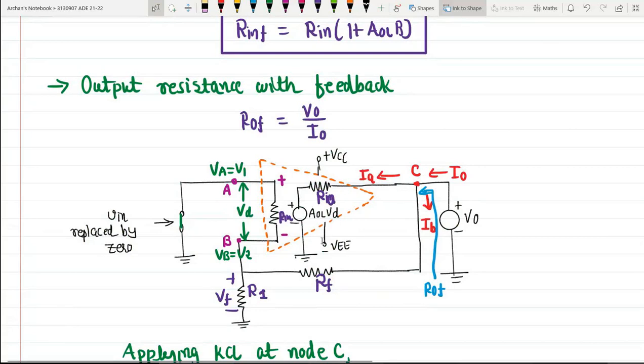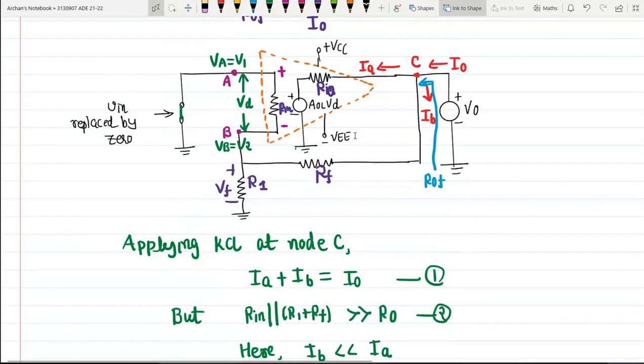Now we know that the entire current I0 is flowing through the output resistance R0 and this dependent voltage source, and finally it is grounded. If we wish to find the magnitude of this current, we need to apply KVL to this output loop.